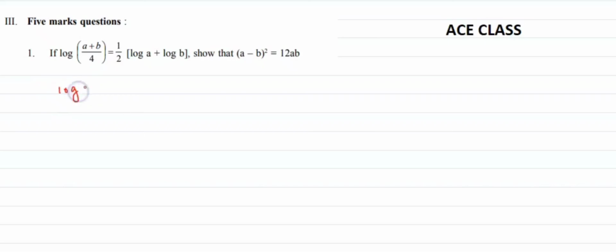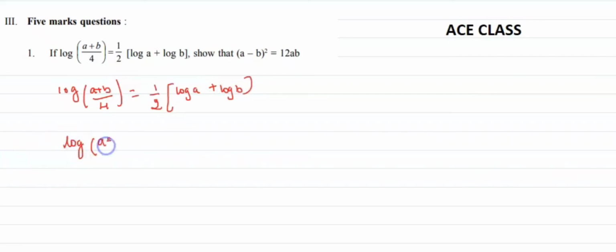So log of (a plus b) by 4 will be equal to 1 by 2 into (log a plus log b). I can write it as log of ab. So this one I'll write as it is.